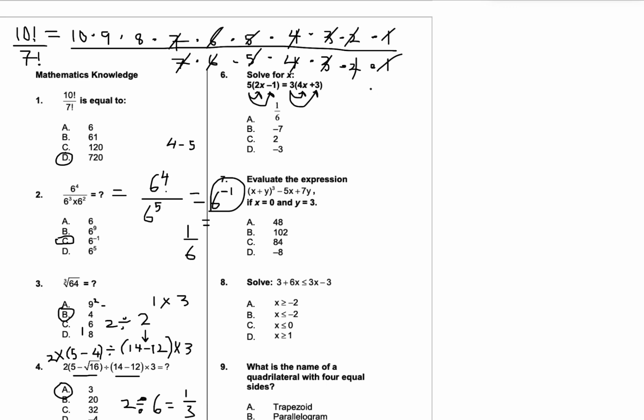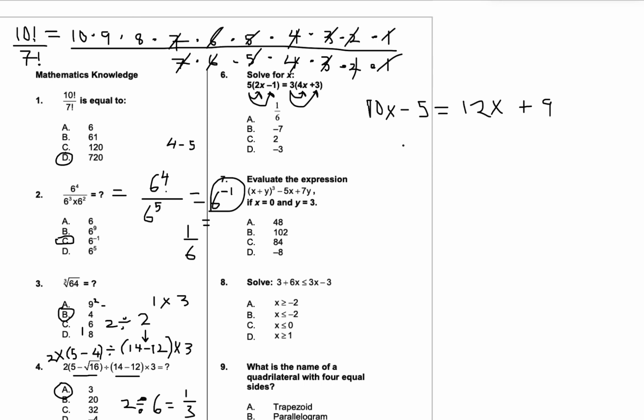So when we do that, we should get 10x minus 5 is equal to 12x, because the 3 times the 4x should give us 12x, plus the 3 times the 3 should give us 9, right?